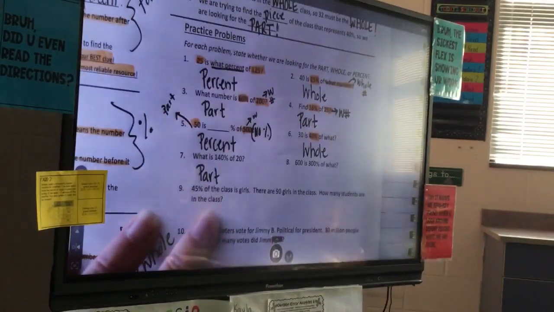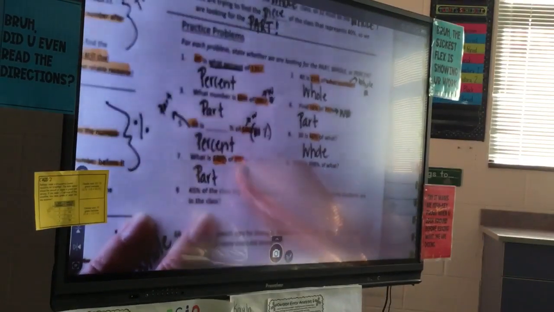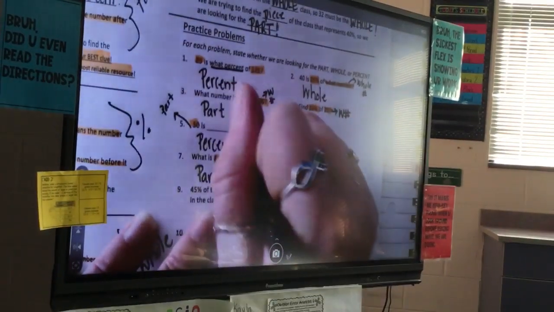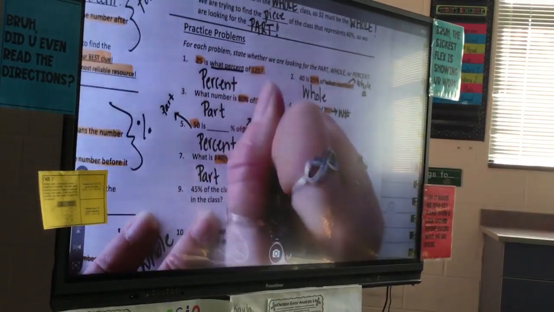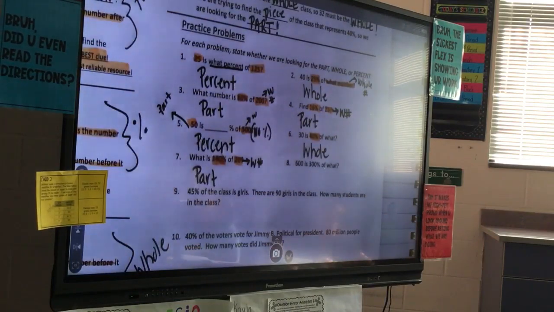And again, we have our percent. And we have 20 as our whole number. Now, this one could be a little bit confusing because 140 is bigger than 20, right? So this one might have been a reason to second guess a little bit, but there's no number before the percent, there's a number after the percent.